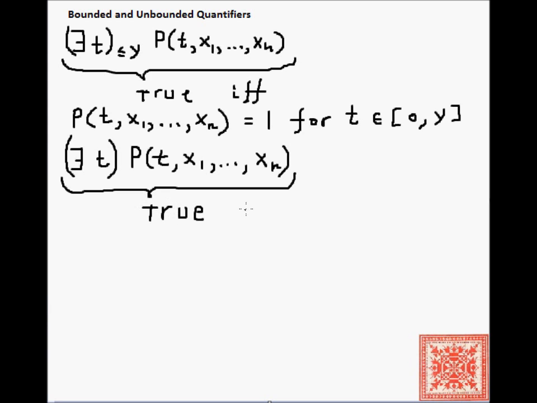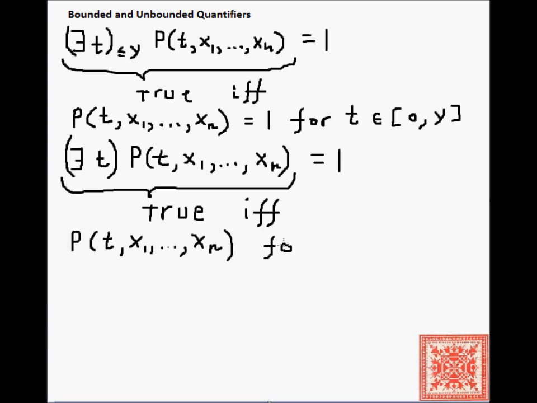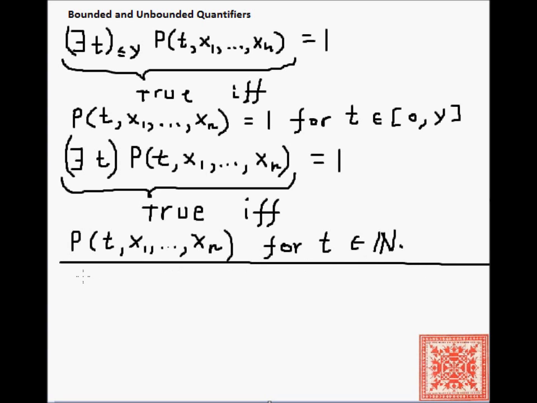This statement is true, if and only if this statement evaluates to 1, just to be consistent, when the predicate p(t, x1 through xn) is true for some value of t in the set of natural numbers from 0 up to infinity, so long as t is a natural number.